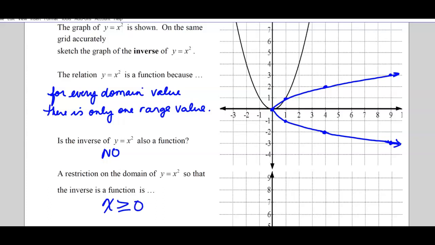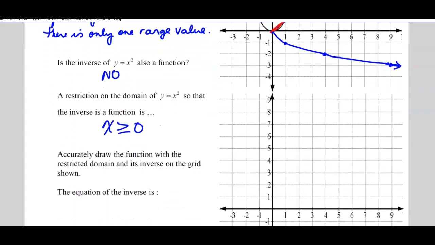So when I do that, this here becomes this here. So now, obviously the original is still a function, but now the inverse is a function.